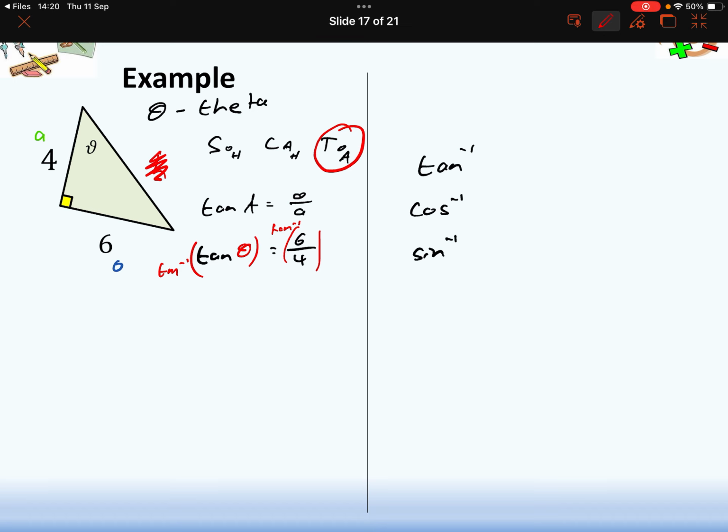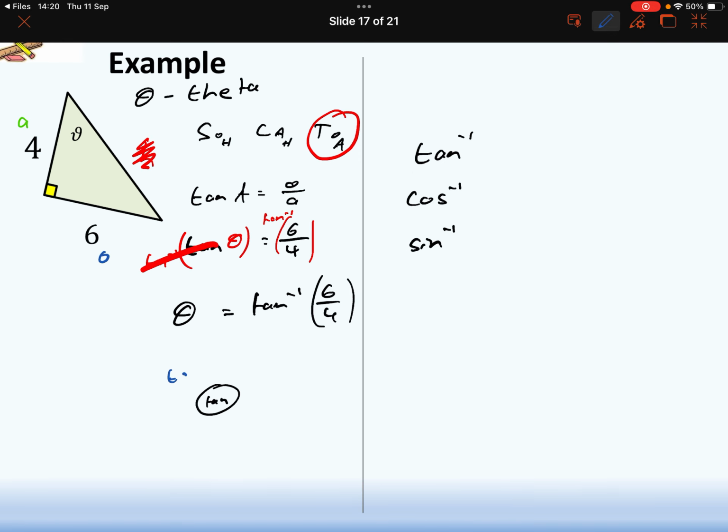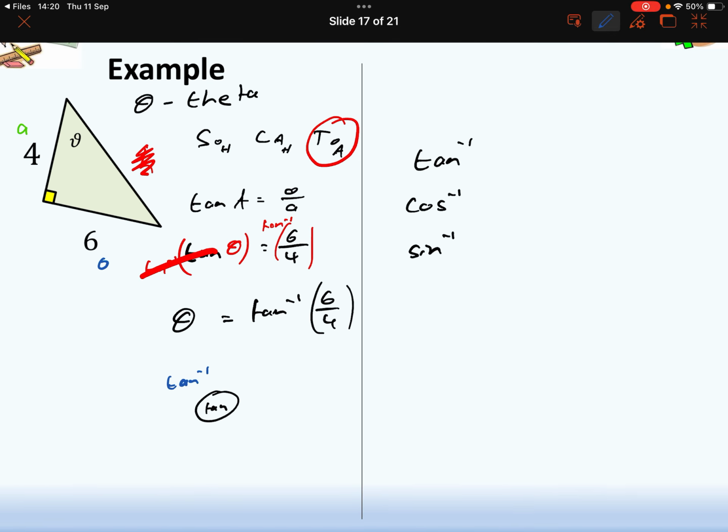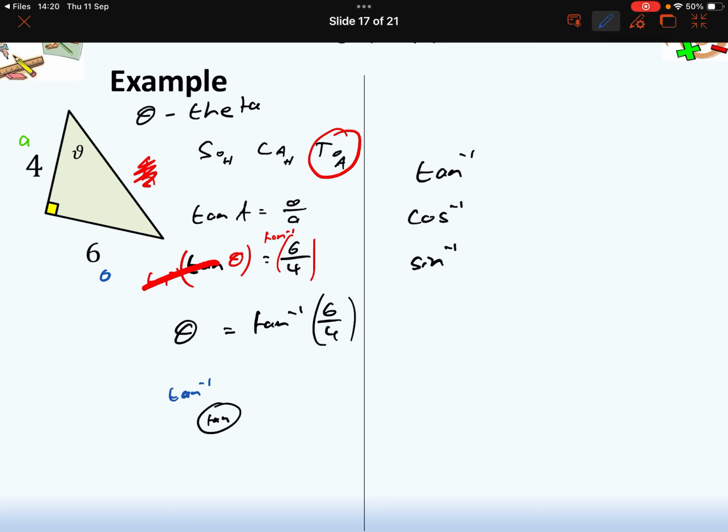If I use inverse tan on tan theta, I'm just left with theta. Then I have tan inverse of 6 over 4. So in your calculators, you'll see your tan button, and then above it, in a slightly different color, you will see tan inverse. So to get the inverse tan, you need to press shift and then press tan.